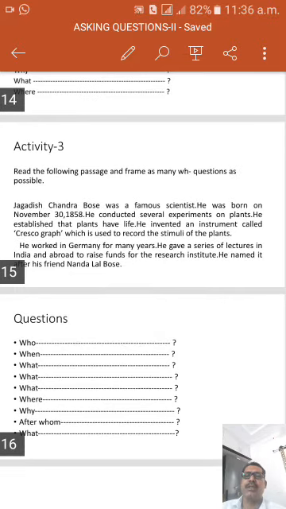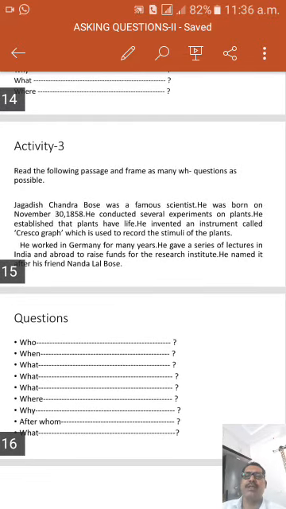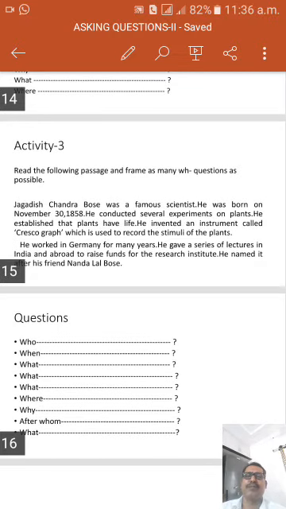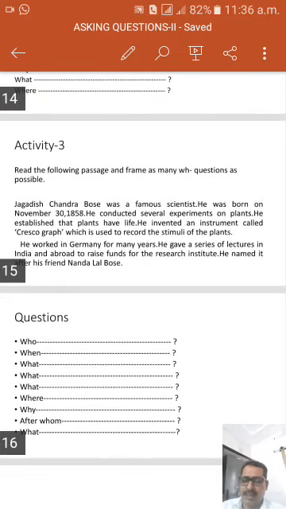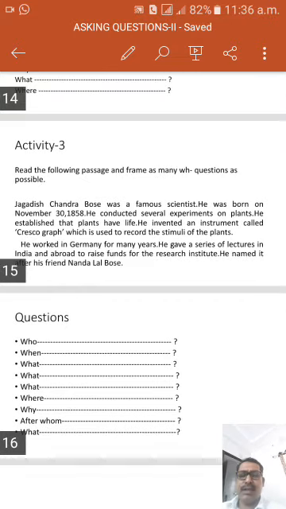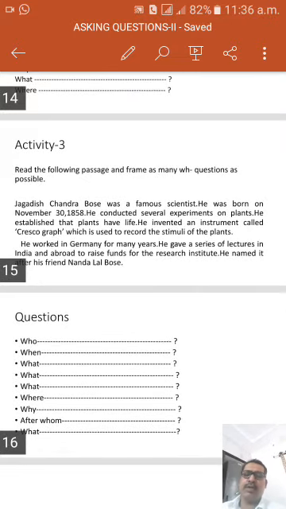He worked in Germany for many years. He gave a series of lectures in India and abroad to raise funds for the research institute. He named it after his friend Nandalal Bose. This is the passage. Now let us see how to frame WH questions.